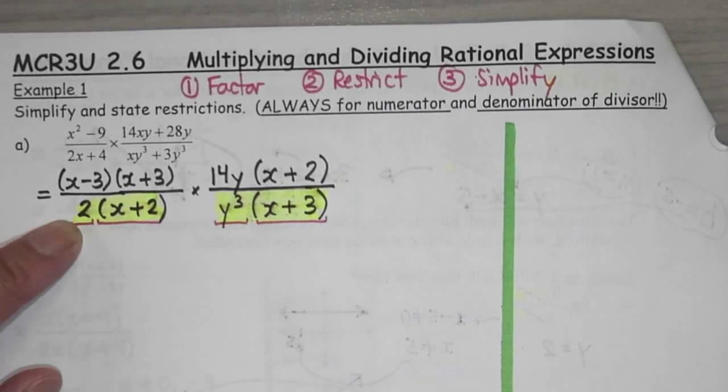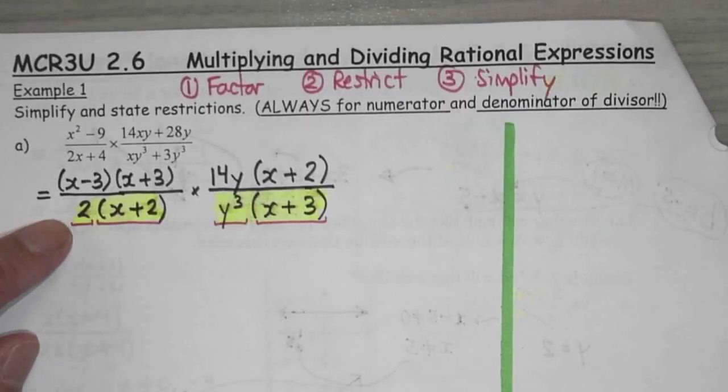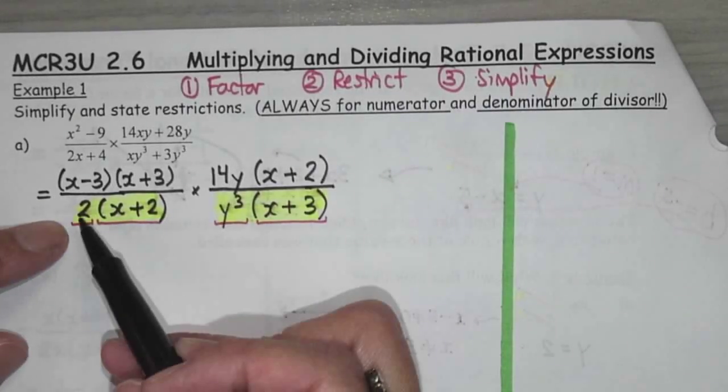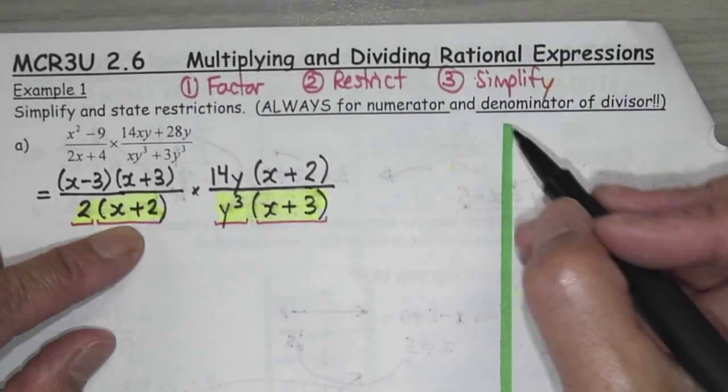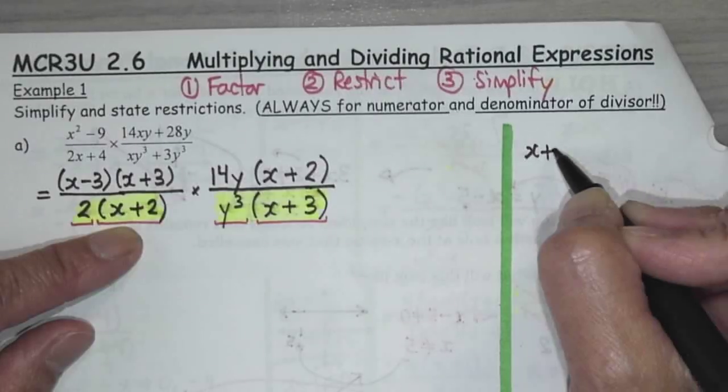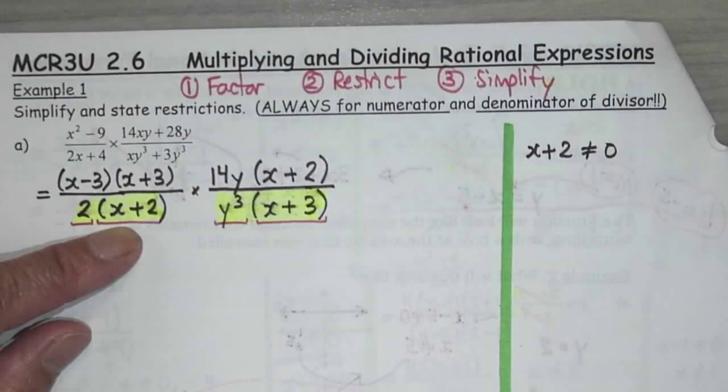So 2, can I restrict 2? 2 does not equal 0. There's no variable, so I don't have to restrict that one. Remember I said in 2.4, only restrict the variable because I can't say 2 does not equal 0. 2 isn't 0, so that's okay. If there's no variable, we leave it alone. Here, x plus 2 does not equal 0.